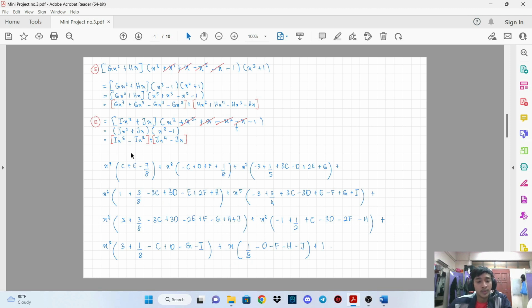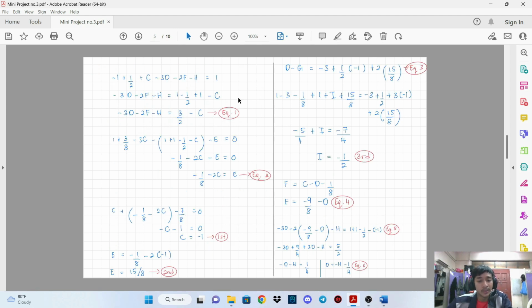Okay, for the next step, we factorize this equation following the power, from x to the power of 9 until x to the power of 1. So from that we get the equation. From this equation we use simultaneous equations to get c equal to -1, e equal to 15/8, and i equal to -1/2.